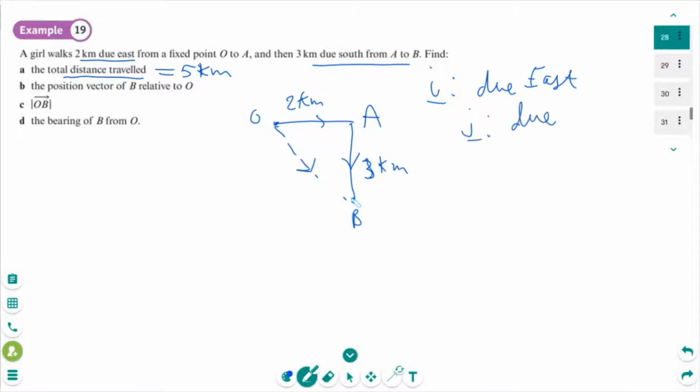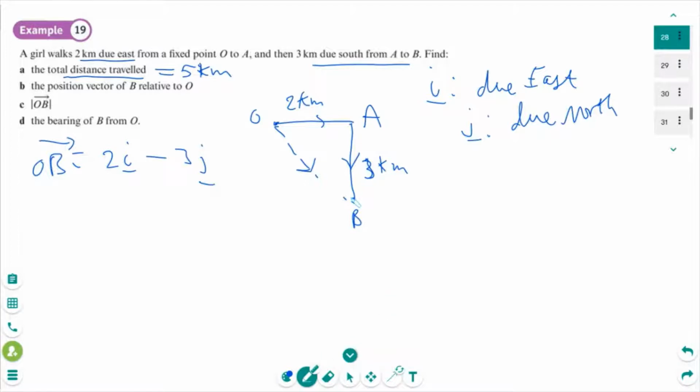So the vector OB has gone 2 to the right, so it's 2i, but she's gone down, so it's negative 3j. So that's the position vector of B, from the origin.